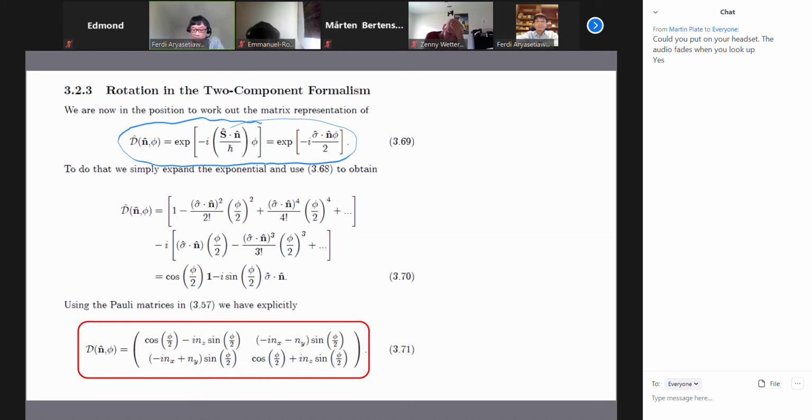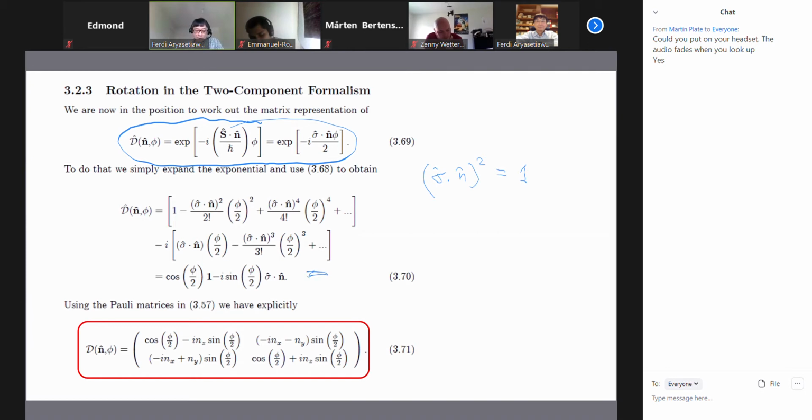And then we use the fact that sigma dot n squared is equal to 1. Then we can work out this series easily, so that becomes cosine phi upon 2 times the unit matrix minus i sine phi upon 2 times sigma dot n. So this one here.